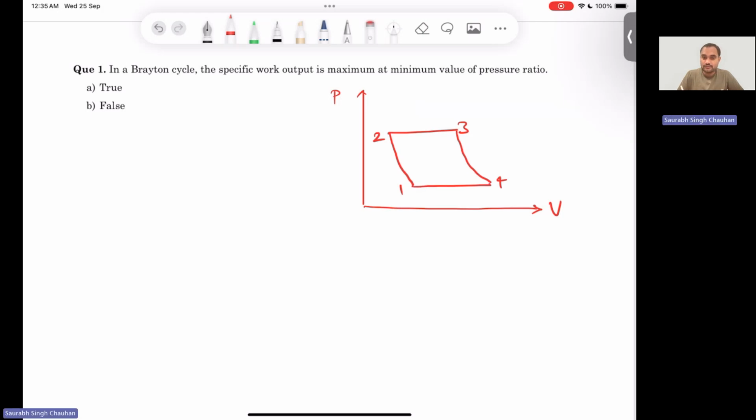So there are two isentropic processes and two isobaric processes. This is our ideal Brayton cycle.